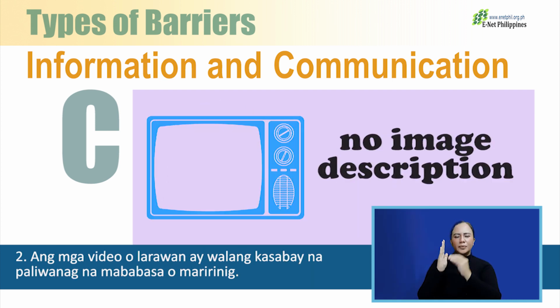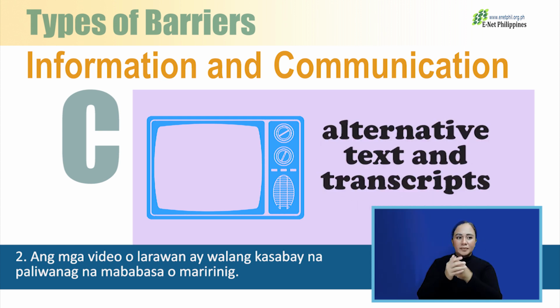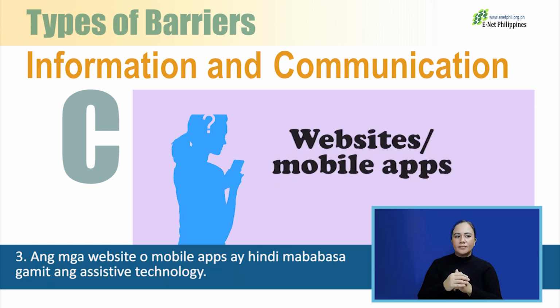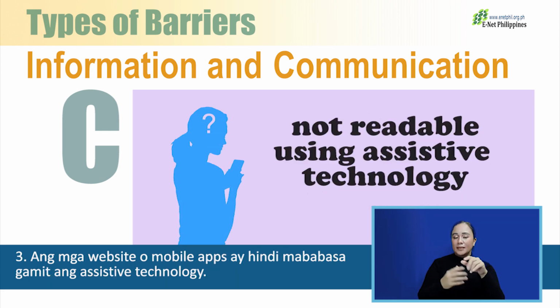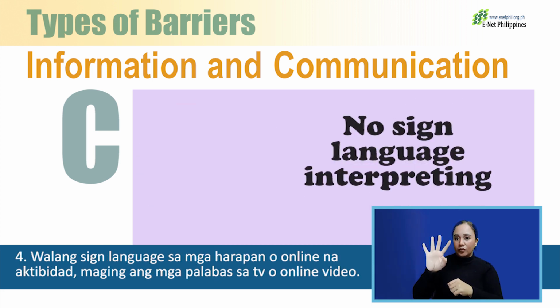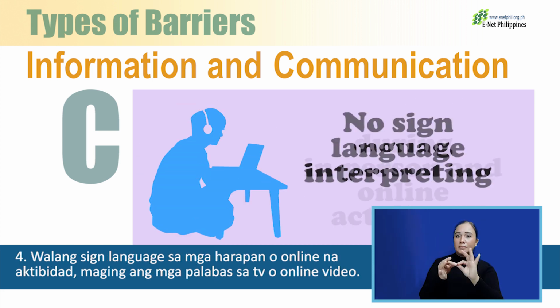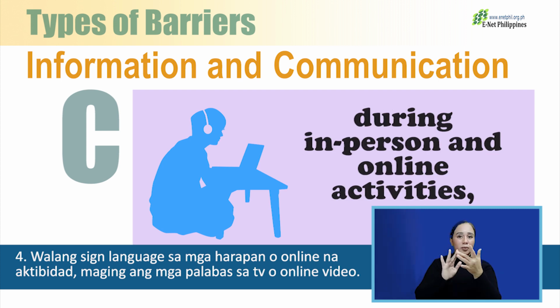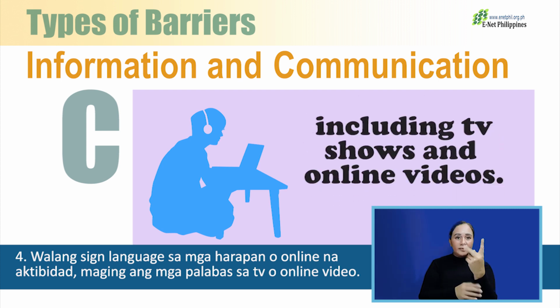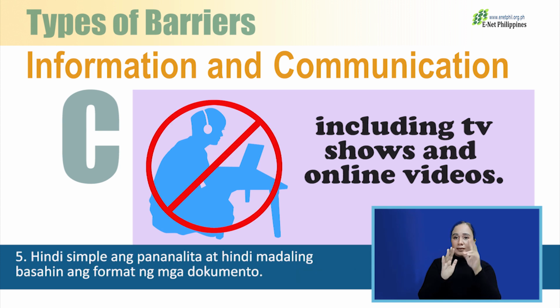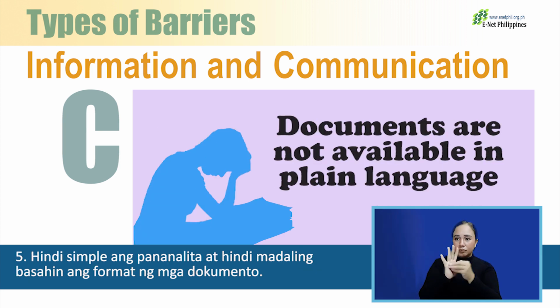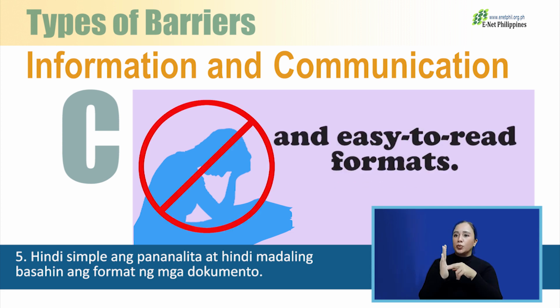Visual content like videos and pictures have no image description, alternative text, and transcripts. 3. Websites and mobile apps are not readable using assistive technology. 4. No sign language interpreting during in-person and online activities, including TV shows and online videos. 5. Documents are not available in plain language and easy-to-read formats.